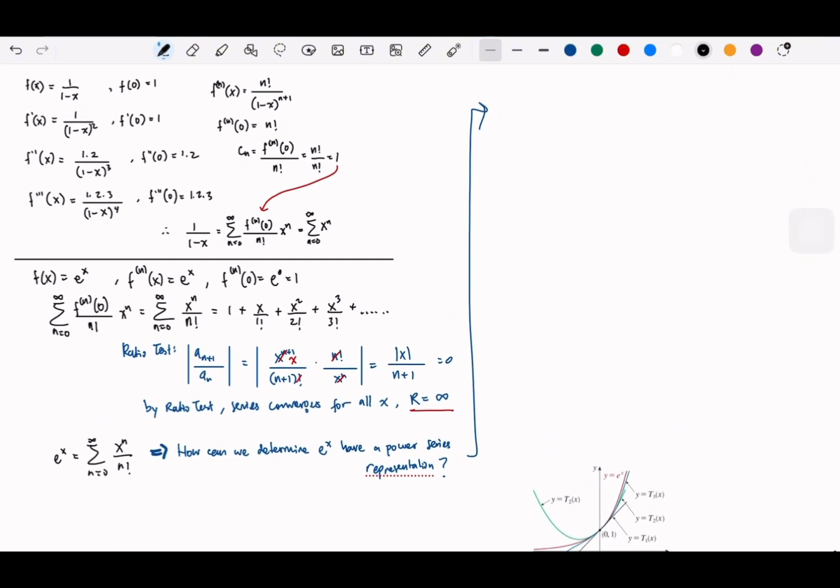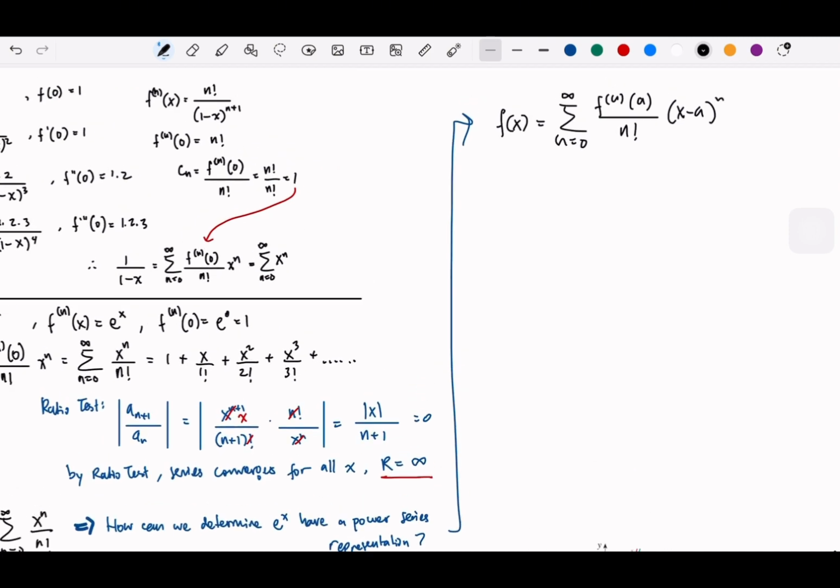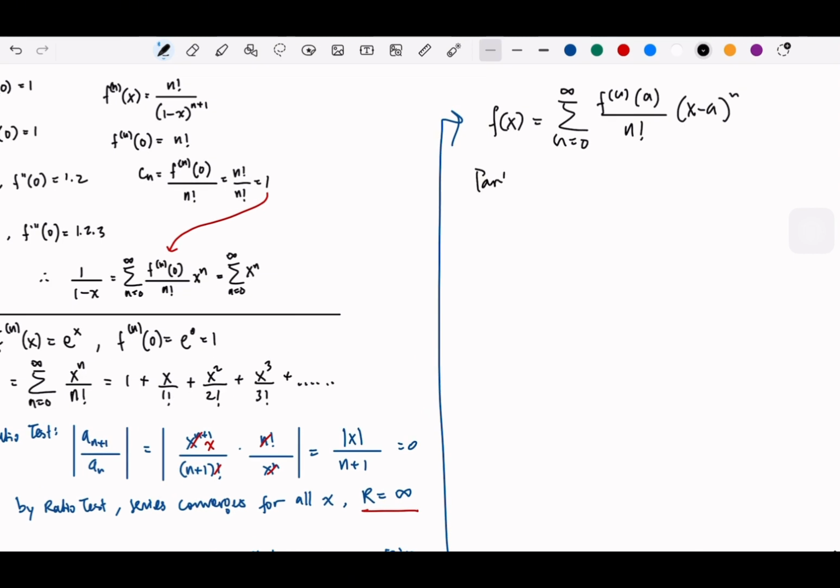Okay, so remember the Taylor series from here. We can start from the partial sums that will limit the terms as we increase the n.